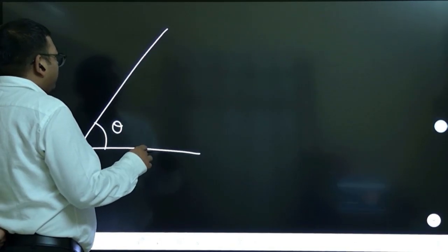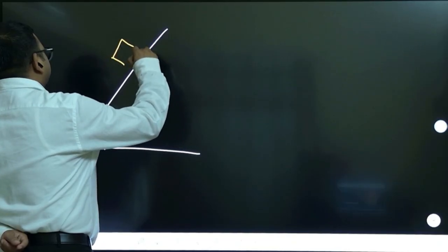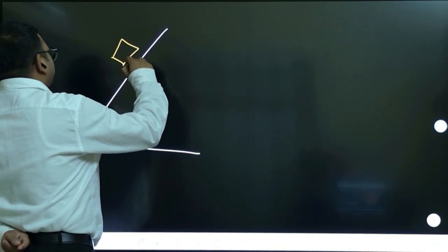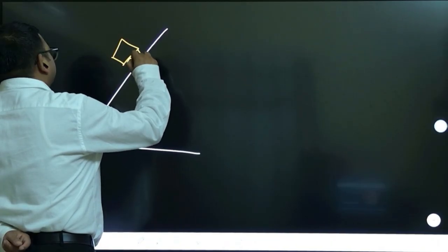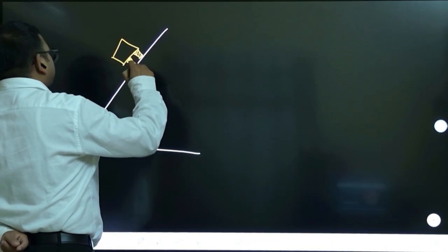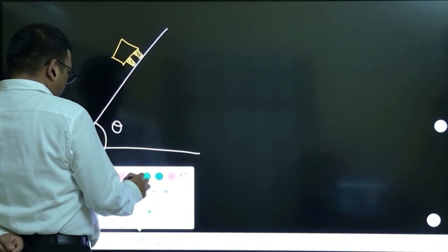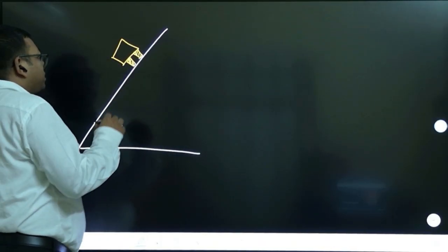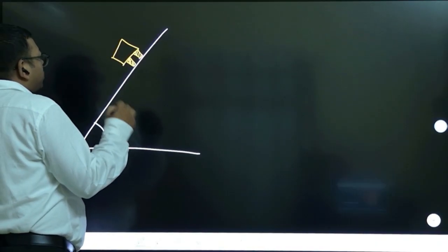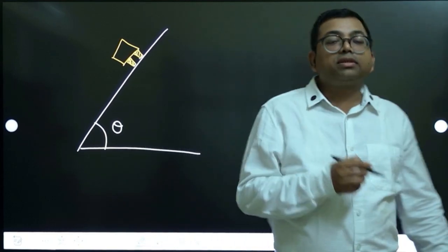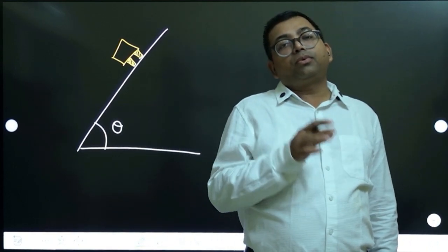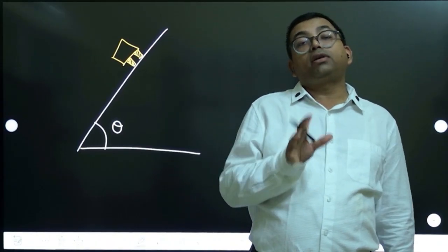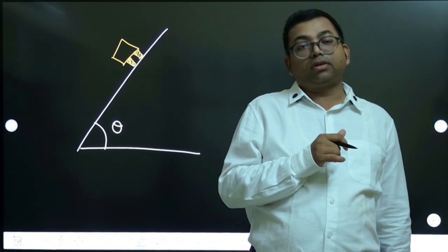It is a bank, right? Bank means the road is like this, and for this object, is friction there or not? Which case are you taking? If friction is there, first you need to think which direction friction will act. Friction acts opposite to the tendency of relative motion. You need to think about the tendency.